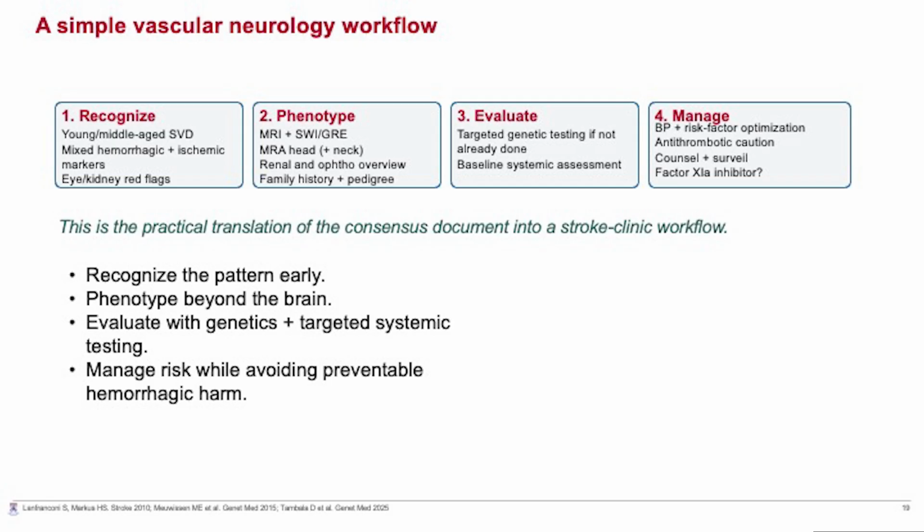Ultimately, it leads to a question of management, which is really risk factor optimization. It's so important in COL4A to have a healthy lifestyle and to manage blood pressure, diabetes and cholesterol. Those are key. And then the factor 11A inhibitor is a question mark. Certainly not ready for any kind of prime time or experimentation necessarily, but just food for thought.